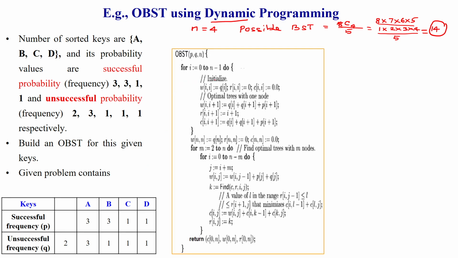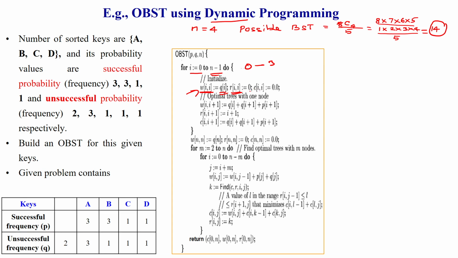Here in the algorithm, i starts from 0 to n minus 1. We have 4 keys, so we construct from i equal to 0 to n minus 1, so 3, that is 0 to 3. When you are constructing, we have to calculate the weight, then the unsuccessful frequency, then the root.